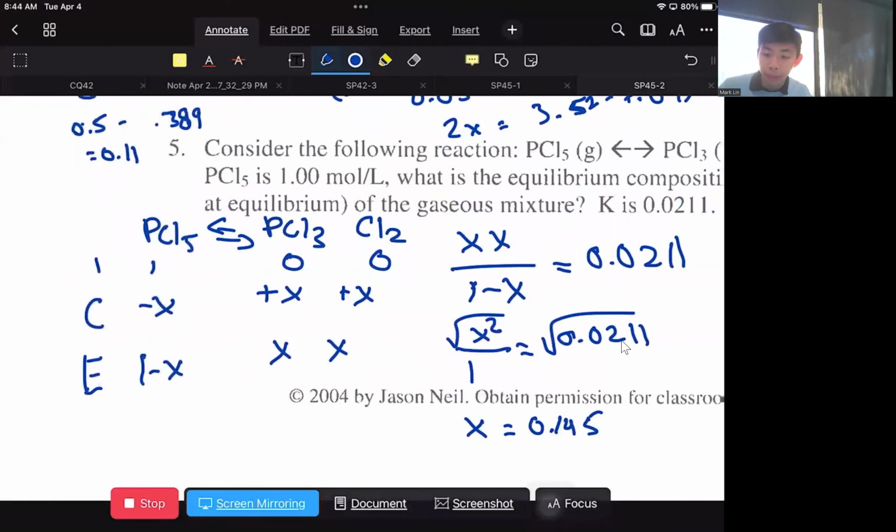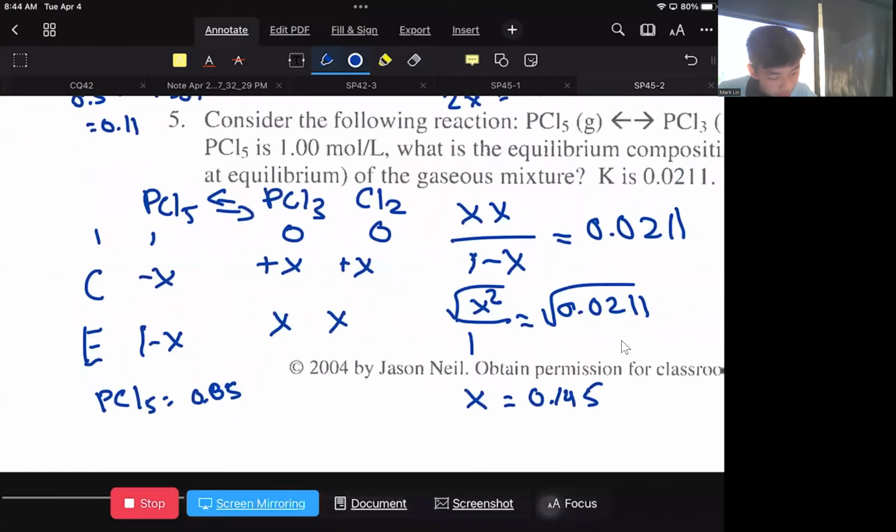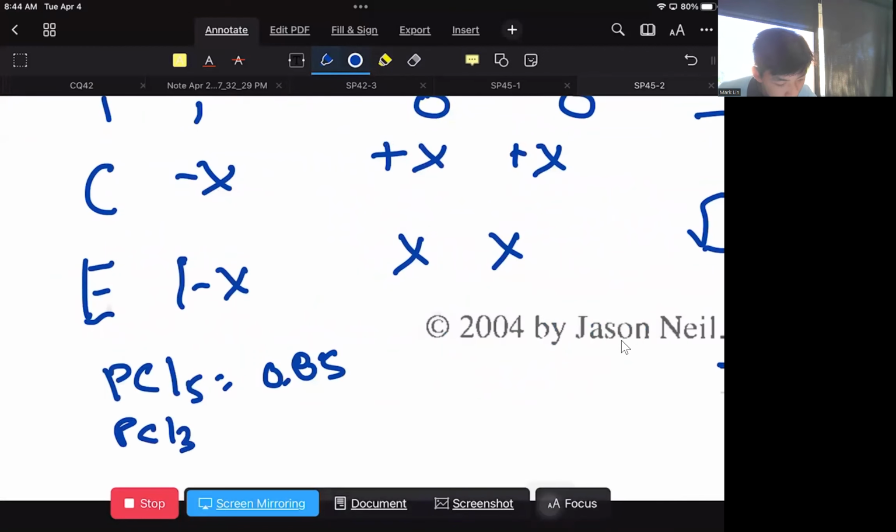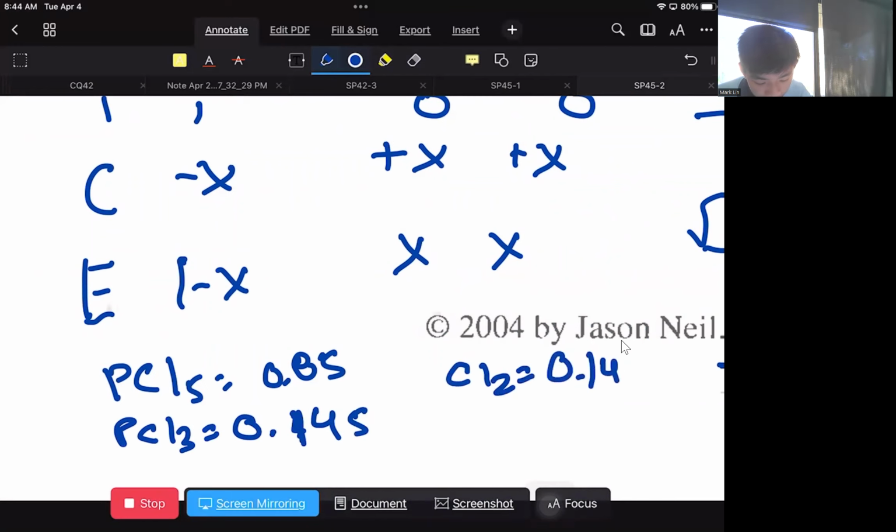And then you just plug that back into x. So 1 minus 0.145, PCl5 will be 0.855, PCl3 will equal the same as x, so 0.145, and then Cl2 will be 0.145.